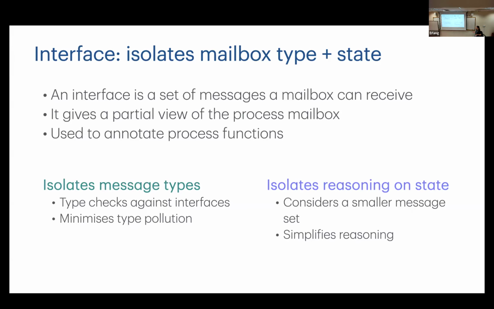This means that we get to isolate message types and type check them against interfaces. This approach minimizes type pollution. And we can also reason on the states by considering the smaller message set.